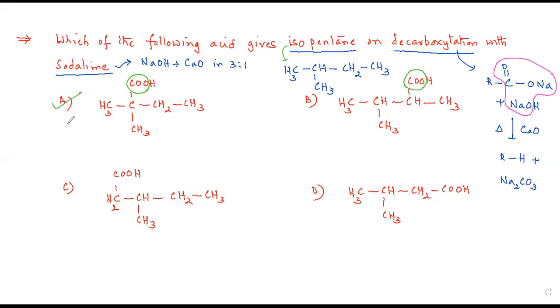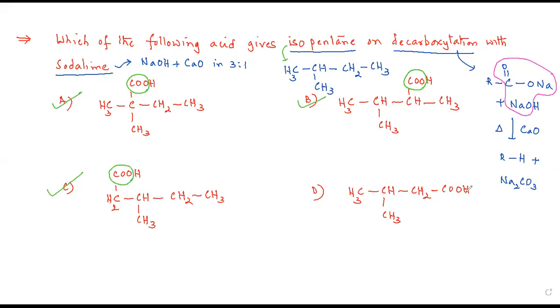This is our isopentane. How about C? Yes, even in the third one also it is isopentane that we are getting on decarboxylation. Need to be cautious.